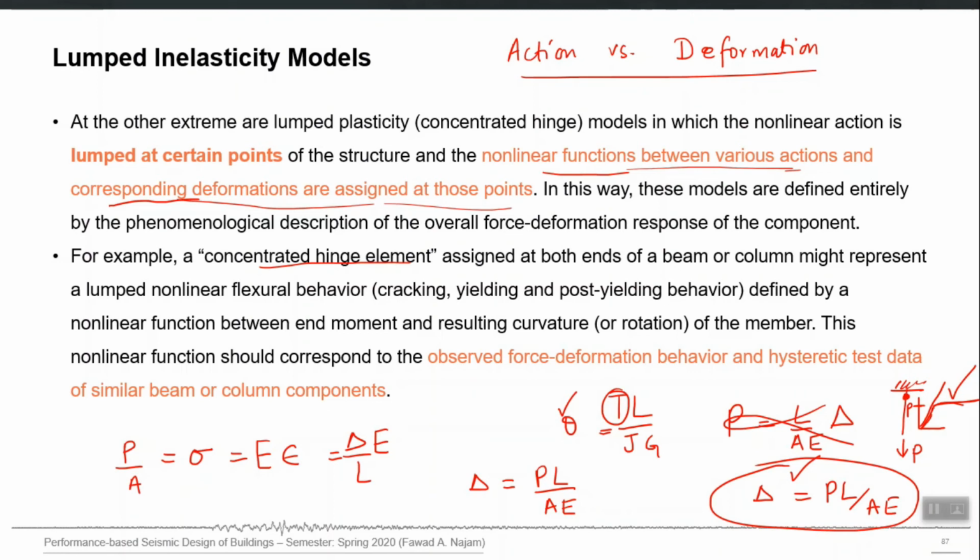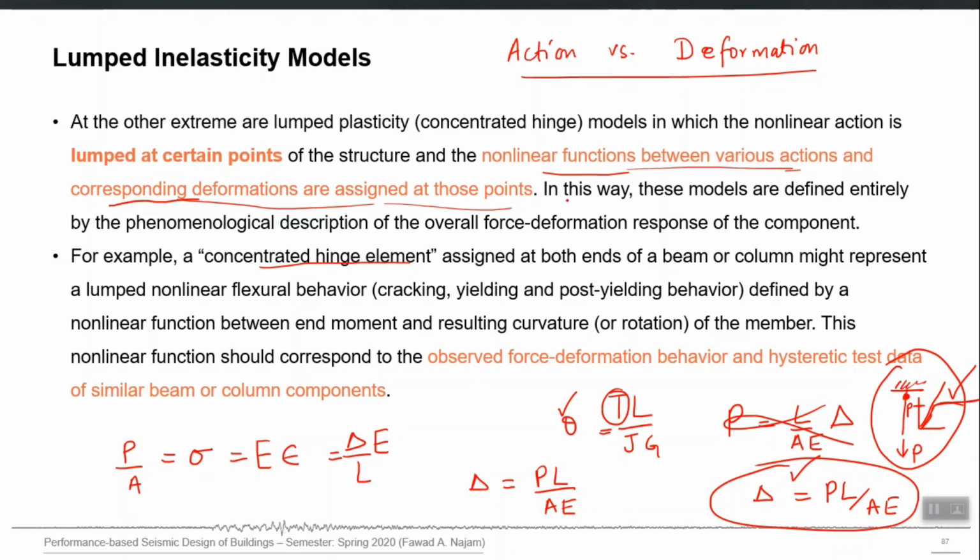So by now you must have guessed that there can be several types of hinges, depending upon what action and deformation behavior is given to a hinge. In this particular bar example at the bottom right, the hinge will be of axial type, because it will have an axial force versus axial deformation nonlinear curve as an input.